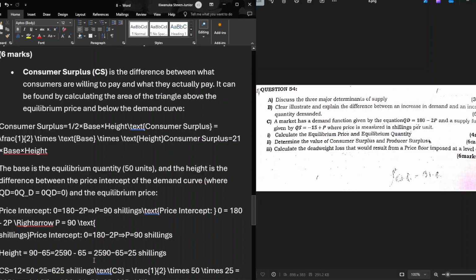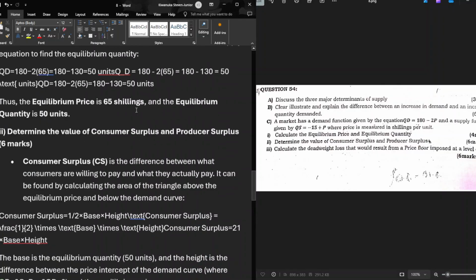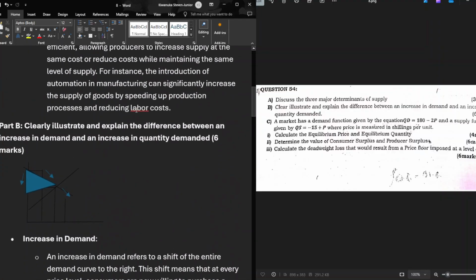What you get is the value here, our height. Then we calculate the base. The base is the quantity supplied.